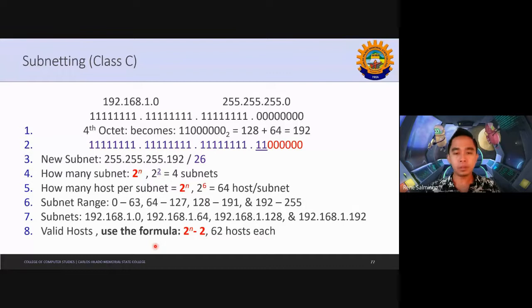Take note. You're given this example, and how many bits do you have in this example?